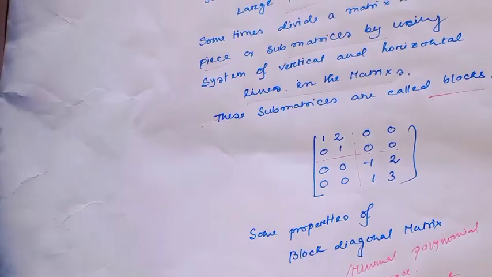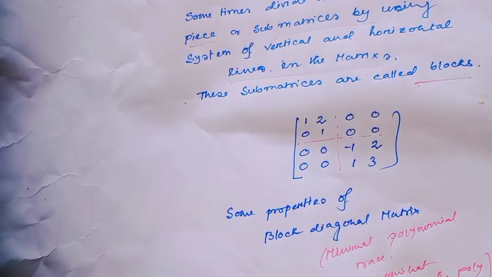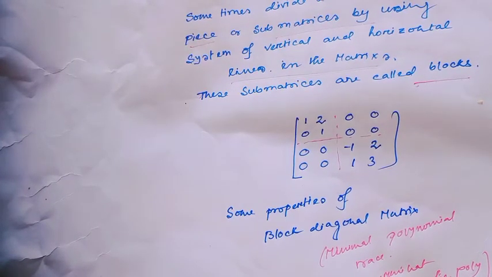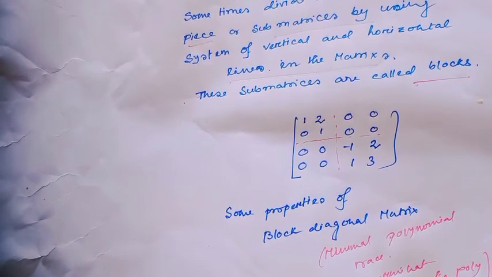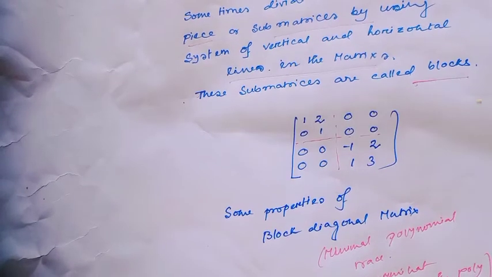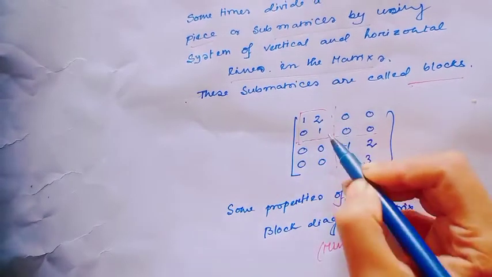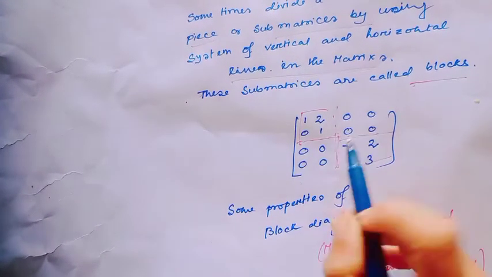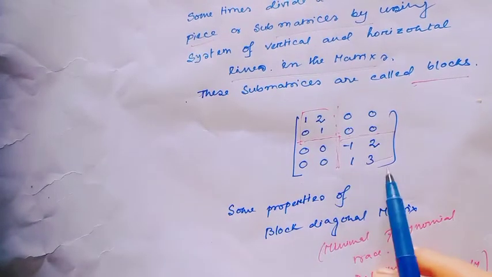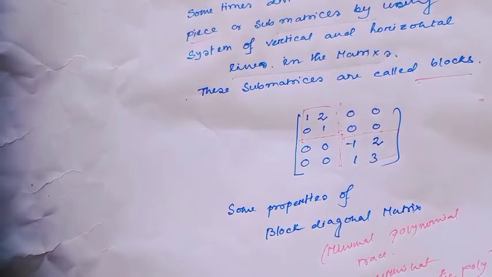If you partition this matrix, then you will easily understand what the characteristic polynomial, minimal polynomial, trace, determinant, and other properties of this matrix would be. Here is one block and here is another block. Consider this block as a 2 cross 2 matrix and this block as another 2 cross 2 matrix, and here just a null matrix.